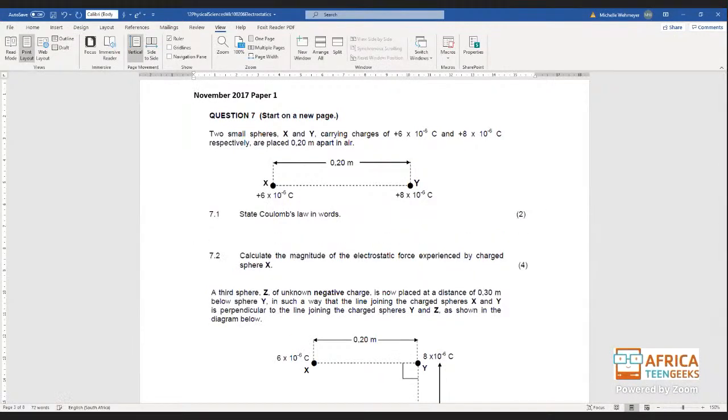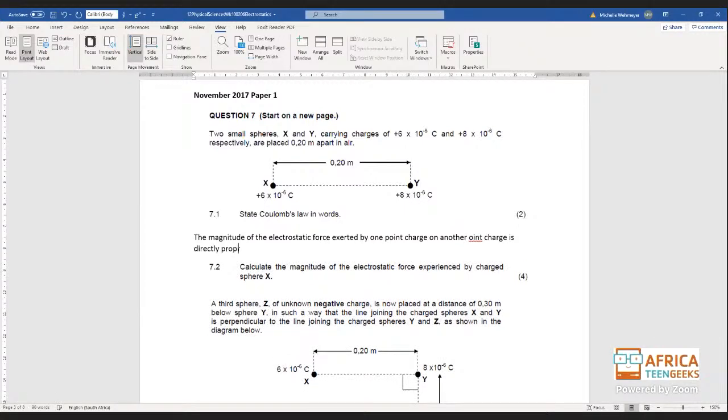So Coulomb's law doesn't change. It's the magnitude of the electrostatic force exerted by one point charge on another point charge is directly proportional to the magnitude of charges and inversely proportional to the square of the distance between them.